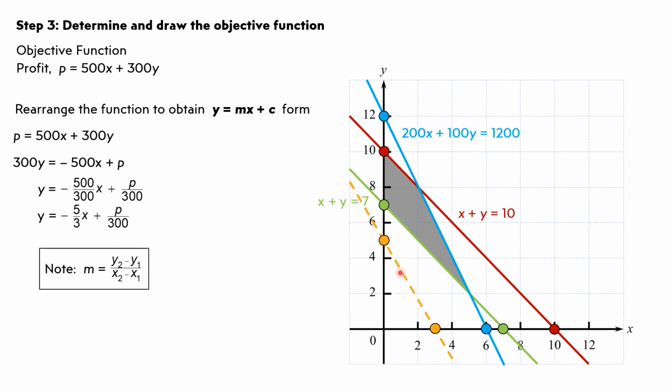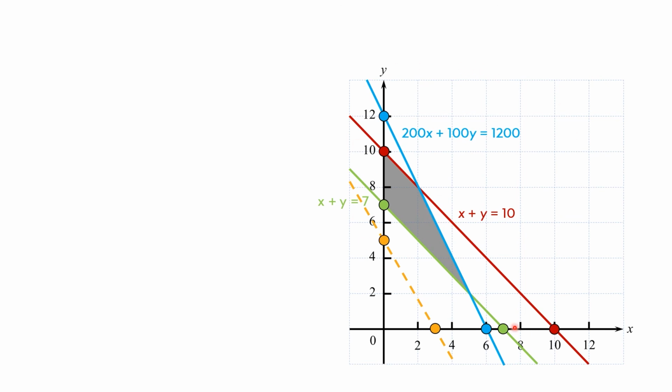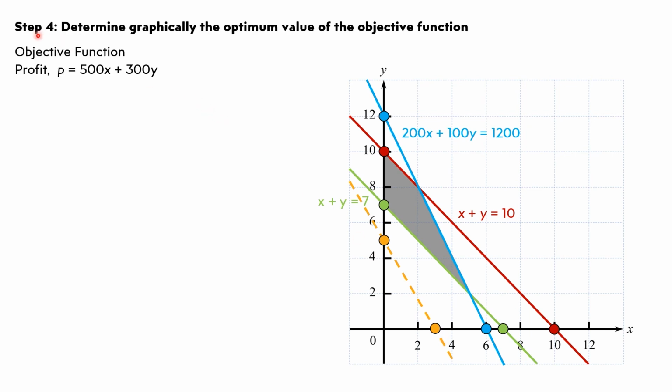Next, we will move the line towards the edge or the end of the shaded region in order to find the maximum value. Here is our graph, the overlap region and the line for the objective function. Next, step 4: determine graphically the optimum value of the objective function.